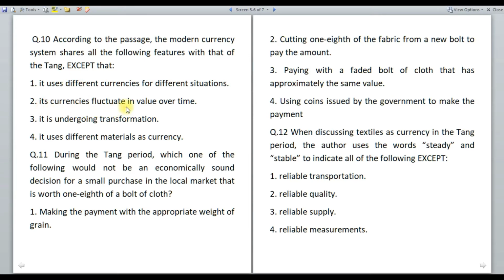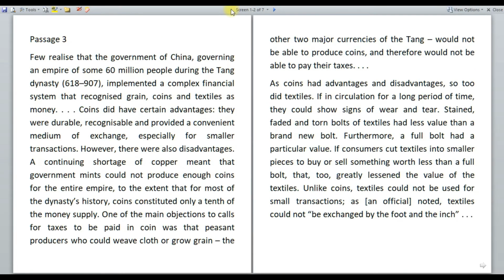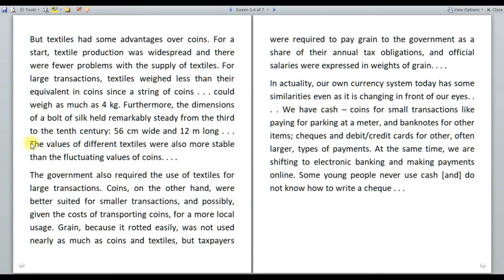Its currencies fluctuate in value over time. This is not very clearly indicated but can be inferred from the information given in the passage. See, there is a common currency used in both the periods, coins. It's very clearly indicated in the passage that the value of the coins fluctuated over a period of time. Look at this sentence, it will become clear to you.